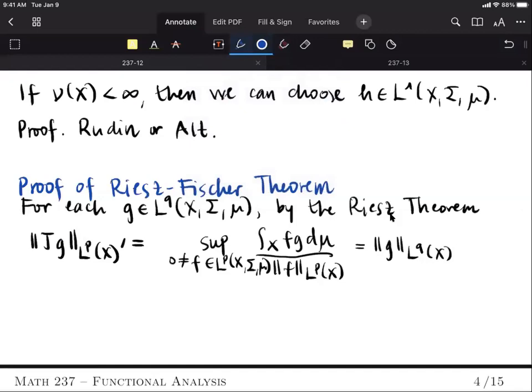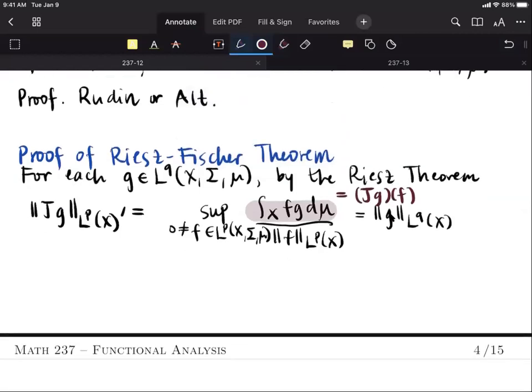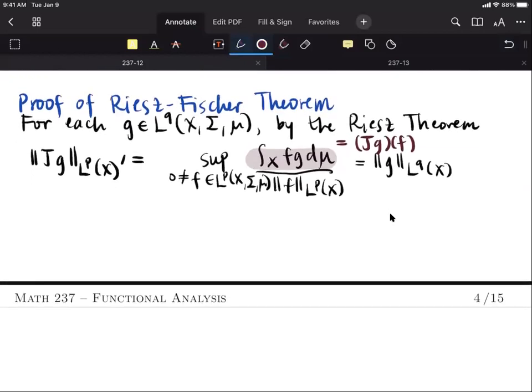Recall that by definition, this numerator is equal to J_g of f. So the first equation is actually the definition of the dual norm, but with the absolute value. However, as I said, you can replace f by negative f, and you can ignore the absolute value in the definition of the dual norm.